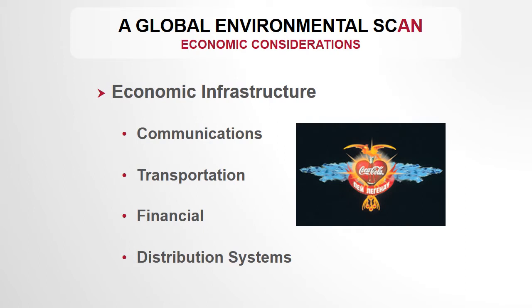Another economic consideration is the economic infrastructure of each individual country in terms of their communications, your ability to transport products, their financial infrastructure in terms of our ability to finance our organization, and then distribution systems in general. Because in some countries it may be impossible, or very expensive, for us to enter that market because the economic infrastructure doesn't really support what we are going to need to do to be successful in that country.